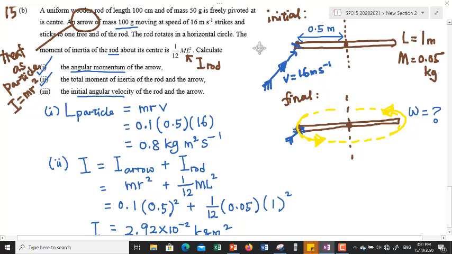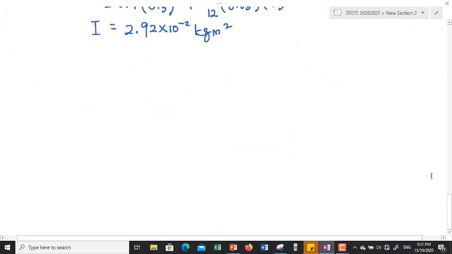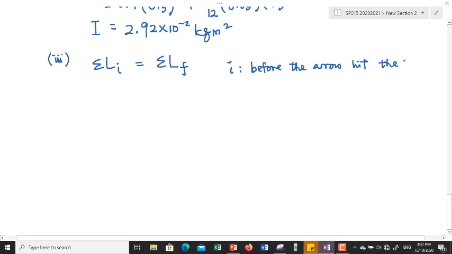So according to the conservation of angular momentum, the total angular momentum initial must equal the total angular momentum final. So initial is what? Initial is before the arrow hits the rod.